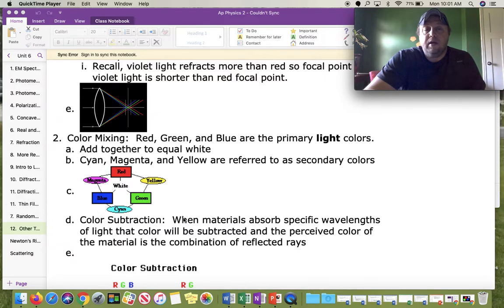When we are talking about color subtraction, this is what we normally see. Materials will absorb specific wavelengths of light, and then that color will be subtracted, and we will perceive the color of the material based off of what light is reflected off of it. So this is why I always joke around about how my wall in my room is blue.